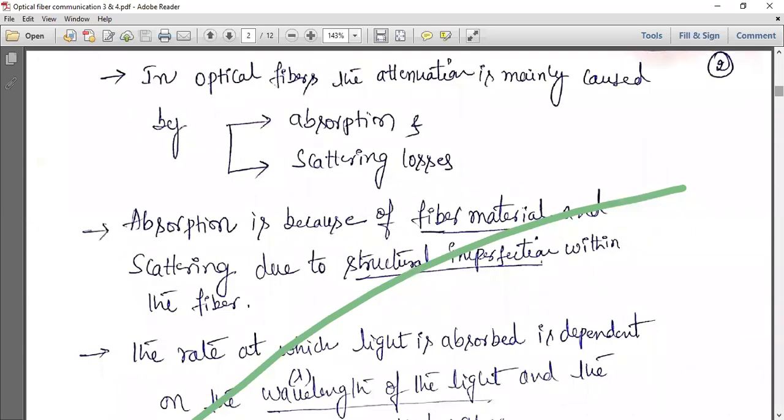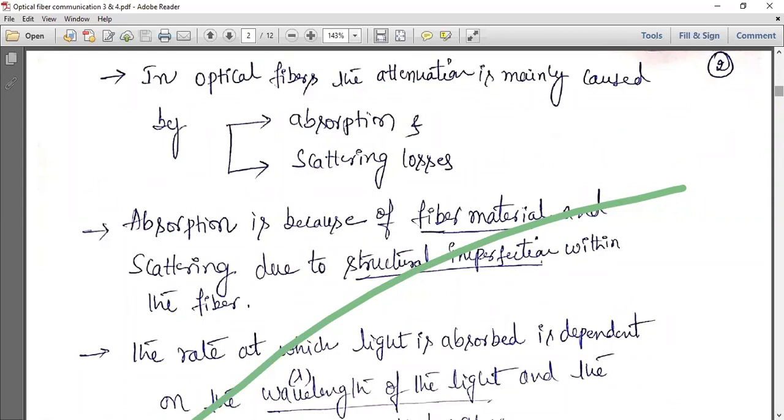So what is absorption? While manufacturing, you have used silicon dioxide for glass preparation, and the same thing is used for your core manufacturing as well as for cladding manufacturing. Silicon dioxide along with some germanium dioxide you might have used. These materials have the inherent property of absorbing some light.